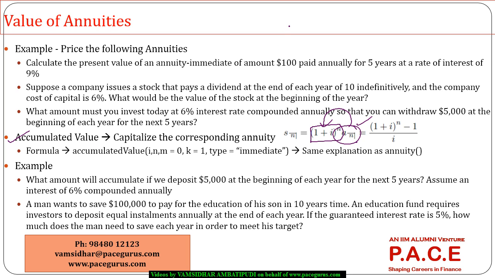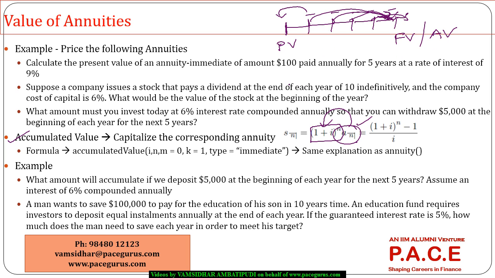So it's as good as if these are the different periods that I am talking of, different payments happening at each of these periods. If I find the value of all those payments as of today, it is called the present value. If I find the value of all these payments as on the last payment date, this is what we are calling the future value or the accumulated value.